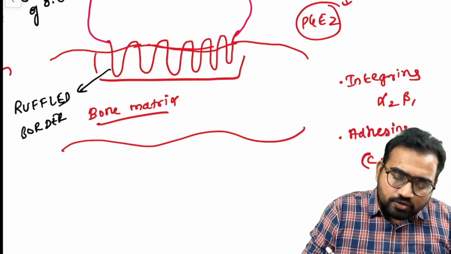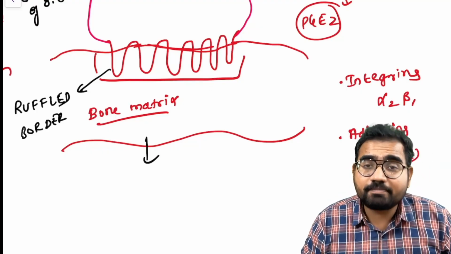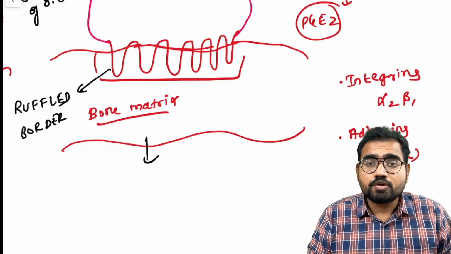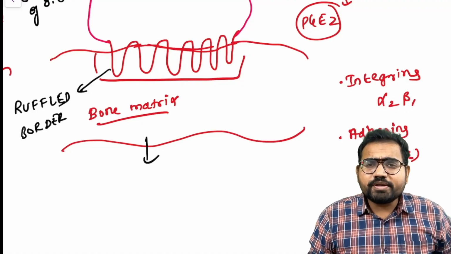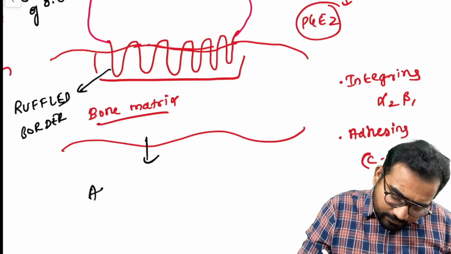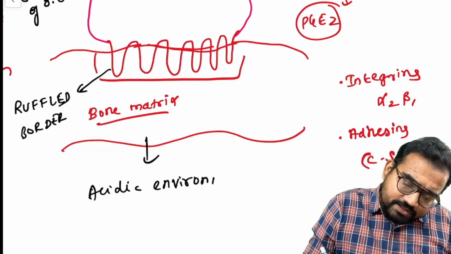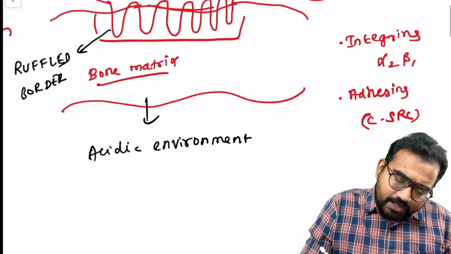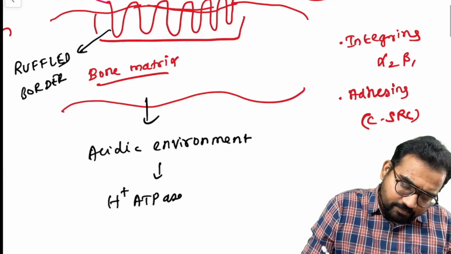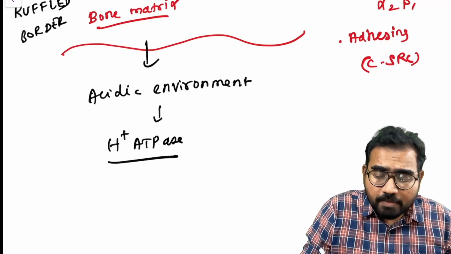Now after extending the plasma membrane into the bone matrix, it is going to create an acidic environment with the help of the H plus ATPase pump.